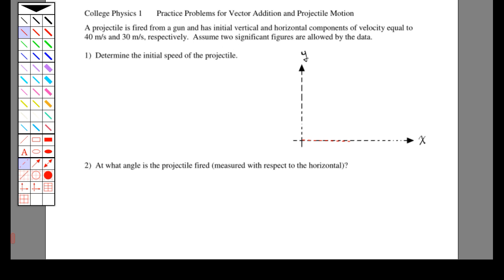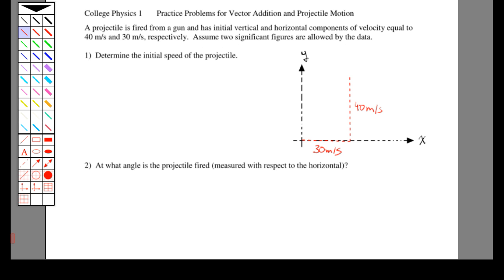We go to the right 30 meters per second, and we can go upwards 40. That's the vertical component of the velocity. If I label these, this is 30 meters per second and this is 40 meters per second.